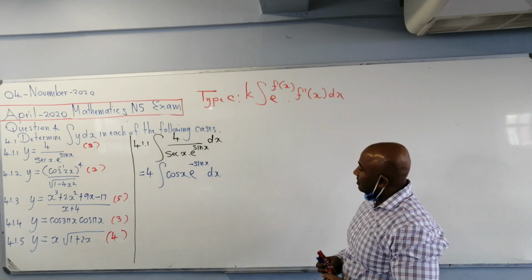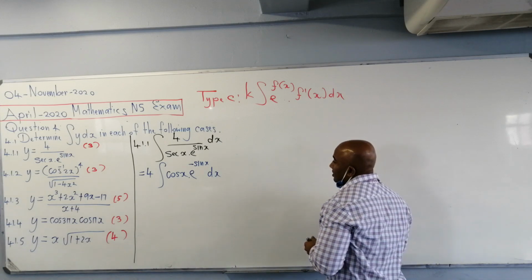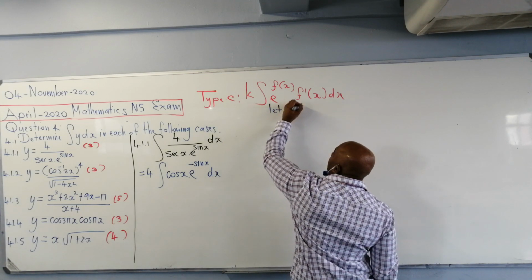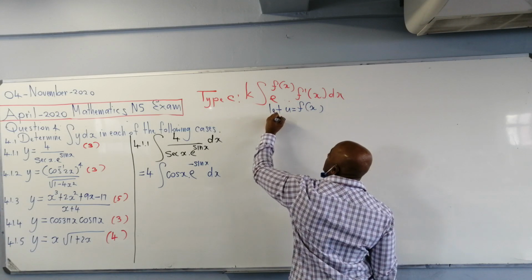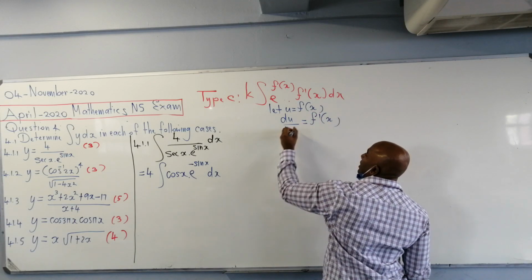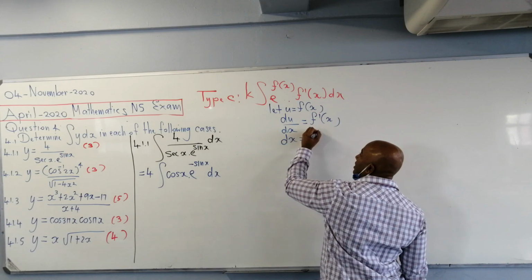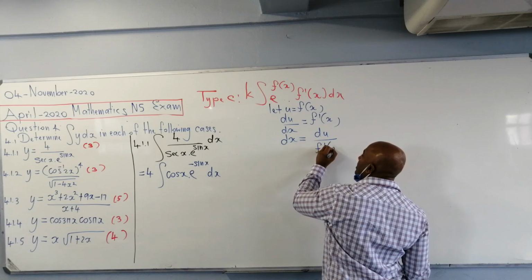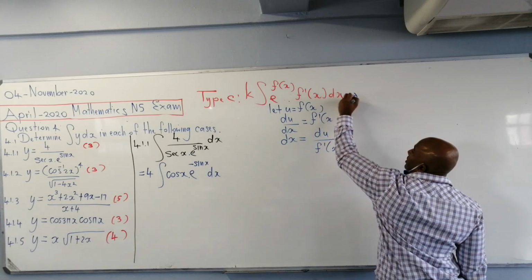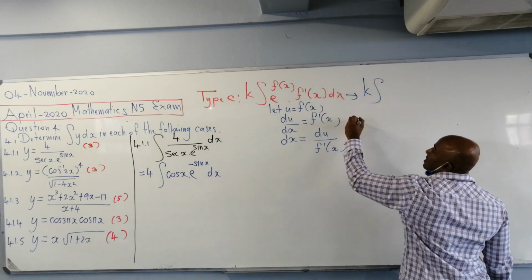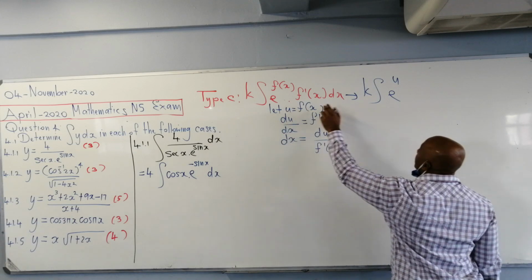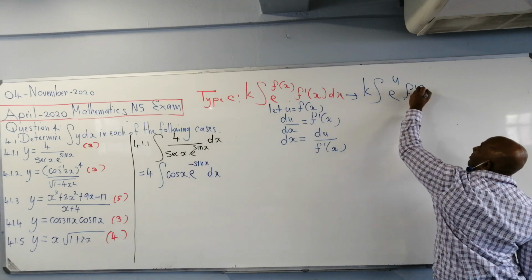In a situation like this, we let u equal f of x, so du over dx is going to equal f prime x, so dx is going to equal du divided by f prime x. I'm just showing you the standard form here quickly. So what happens in a situation like this? You have e to the power u, because f of x is now u, times f prime x.